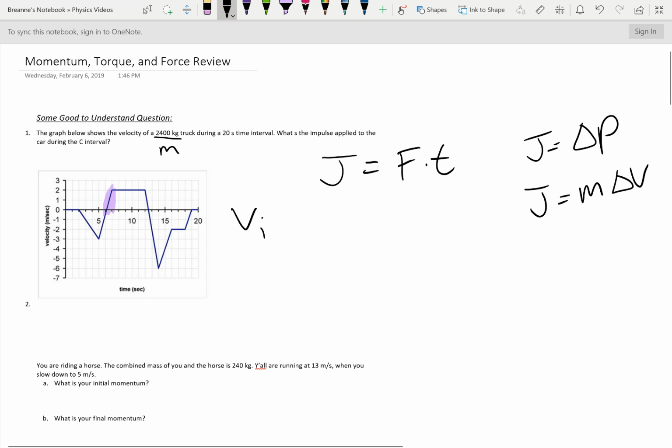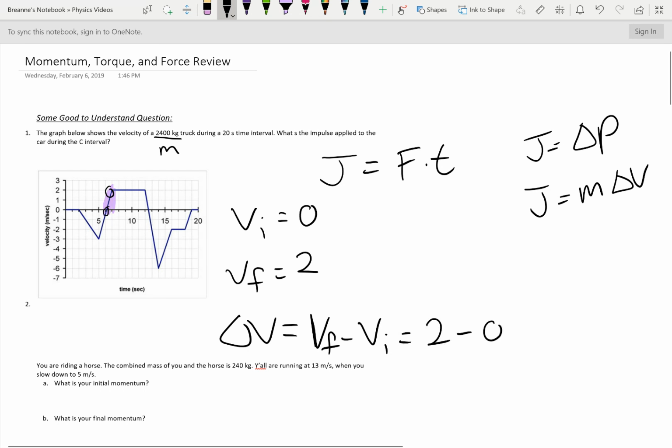The initial velocity of that part is 0. The final velocity is 2. So your change in velocity is your final velocity minus your initial velocity, so it'll just be 2 minus 0, and that'll give you a 2.